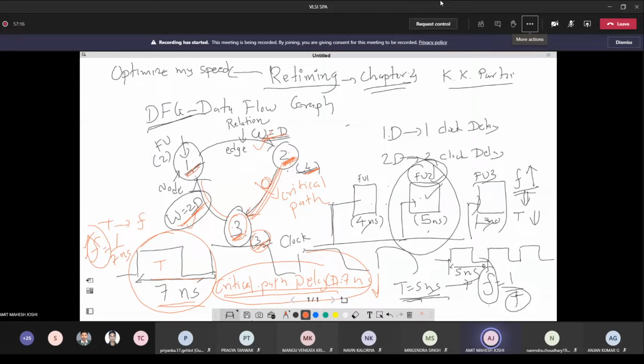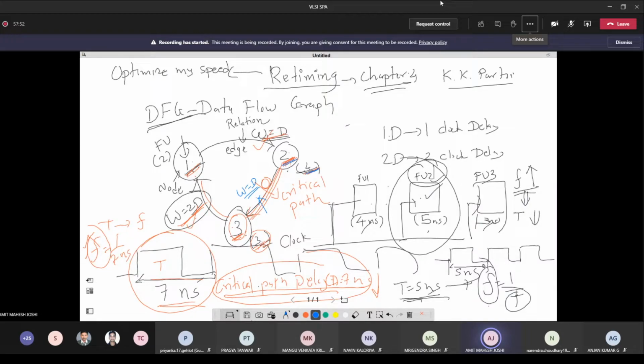Now, for that, what do I need to do? The best thing that I can do: there is no delay over here, but if on this particular edge I can somehow manage a D, presently there is 0D, but if I can have 1D, 2D or any D, that suggests that now node 2 will take 4 nanosecond time, and then node 3 in another clock requires 3 nanosecond time.